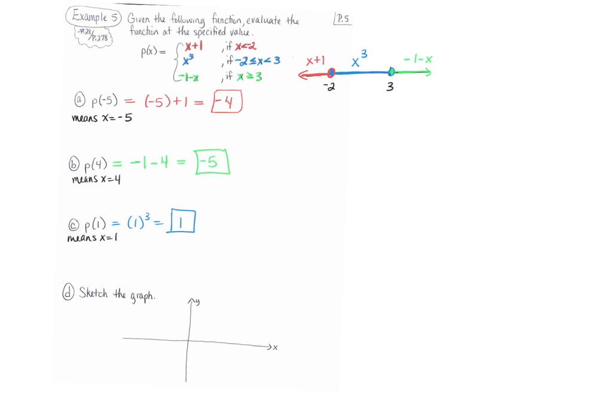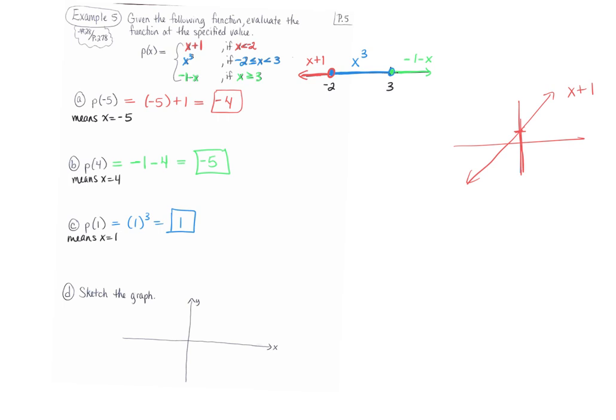So I'll use a similar color. Whenever you have x plus 1, it would typically look like go up 1, draw your line. That's what x plus 1 would typically look like, right? But we only want x plus 1 when x is less than -2.